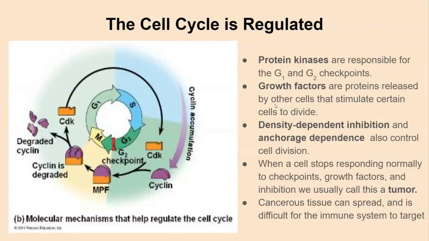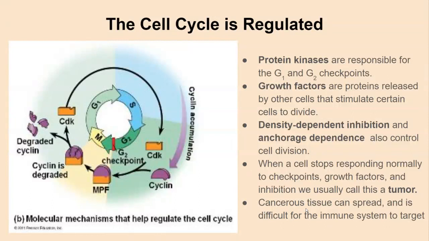Now, what happens when a cell doesn't properly respond to growth factors or inhibition factors? Well, then we can form a tumor. This is when a cell stops responding normally to checkpoints, growth factors, or inhibition. It also is resistant to apoptosis and is very difficult for our immune system to target these cancerous cells, which can spread.